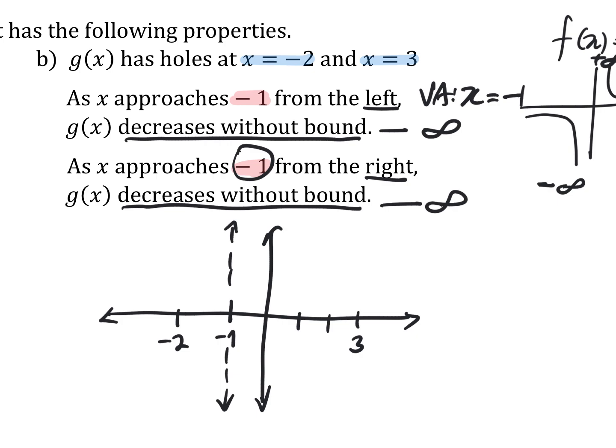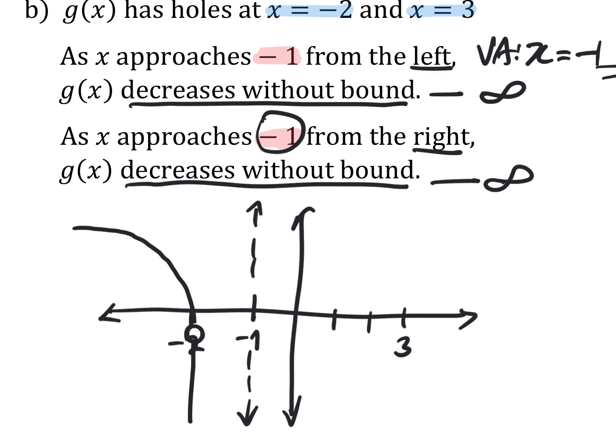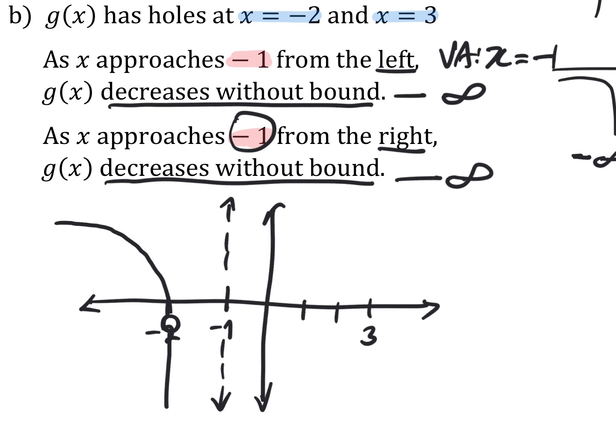It says that as x approaches negative 1 from the left, it's decreasing. So it can be going this way. It's going to decrease this way. And at negative 2, it's going to have a little circle in there. That is actually the hole. Same also with the right side: g of x decreases without bound.